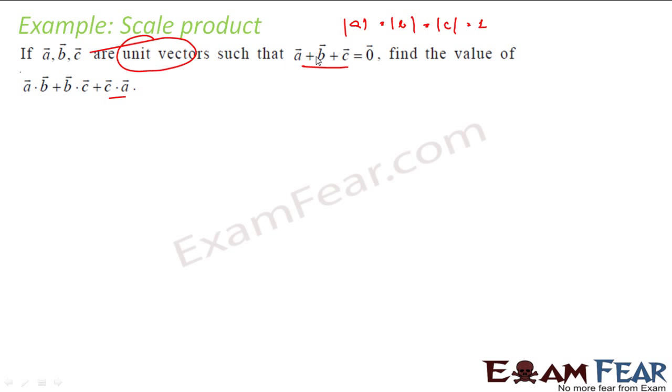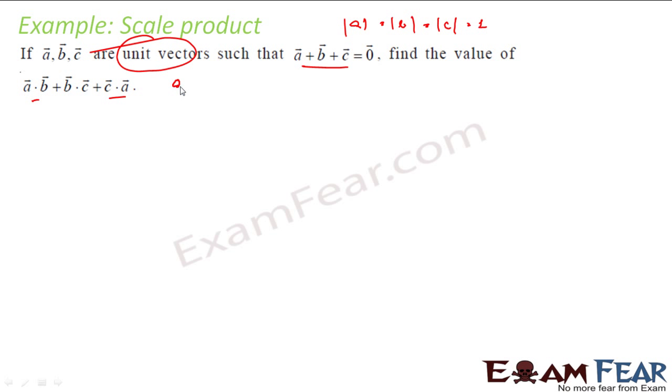If I multiply this with b, I'll get b dot a, b dot b and b dot c. Similarly, if I multiply with c, I'll get c dot a, c dot b, and c square, which is 1. And that value I know already.